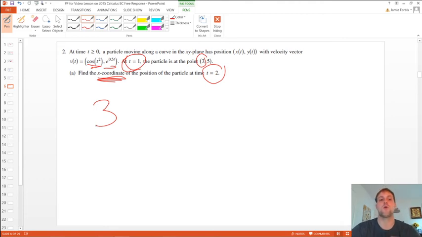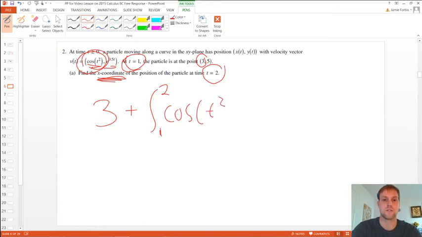Okay? So I'm going to do 3 plus the integral of my change in distance from time equals 1, which I know is 3, to time equals 2, which is what I'm looking for. And I want to find that accumulation from the x equation. So that is cosine of t squared dt.